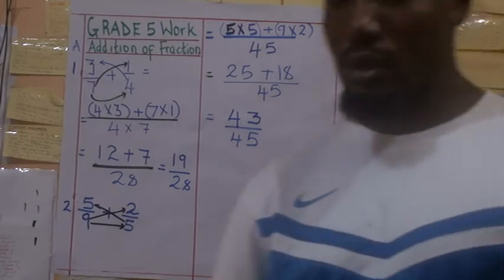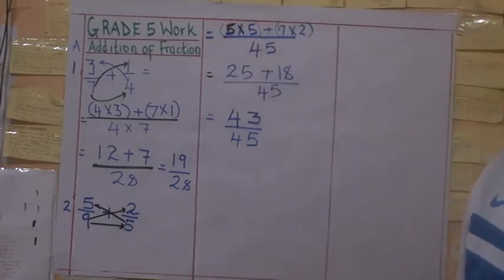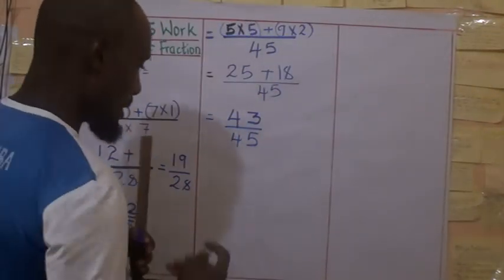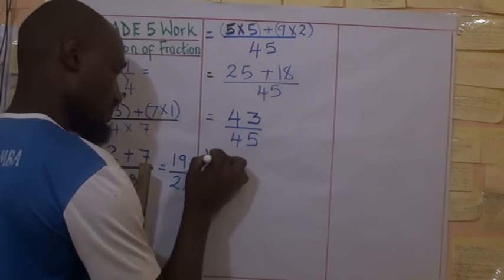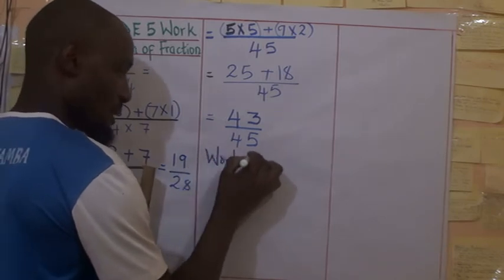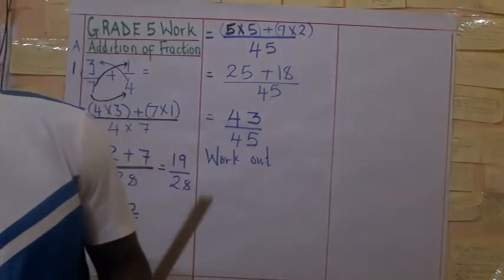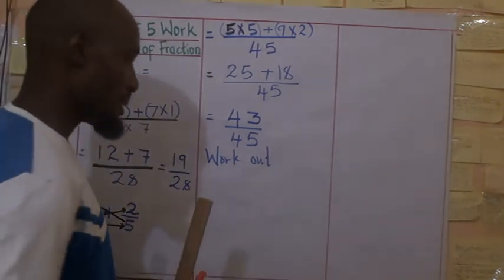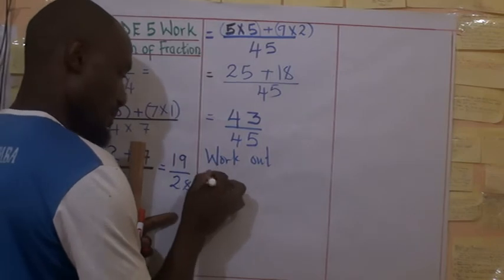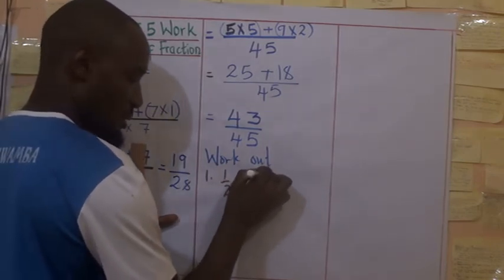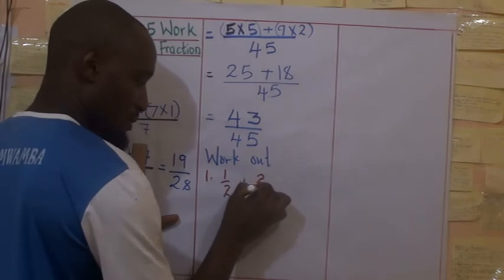I'm going to give you a good number of examples, mind check, so you can do it at home. Let's you try this. Work out. What are you going to work out? Number 1, 1 over 2 plus 2 over 6.